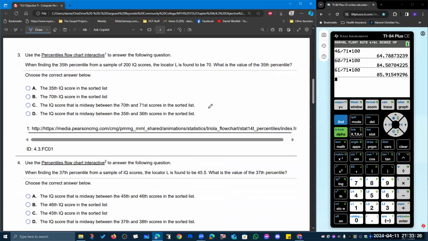Use the percentile flow chart to answer the following question. When finding the 35th percentile from a sample of 200 IQ scores, the locator L is found to be 70. What is the value of the 35th percentile?